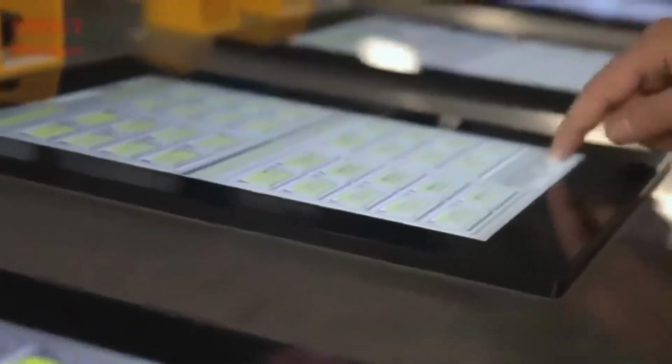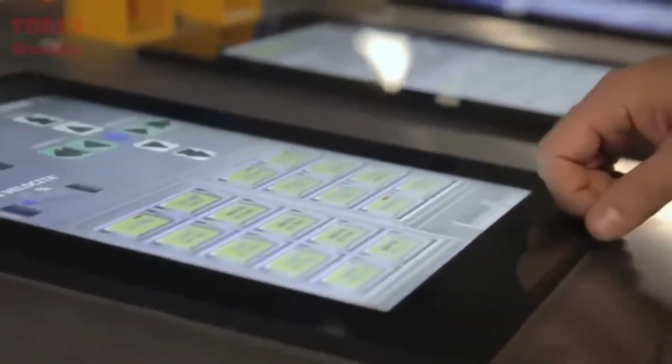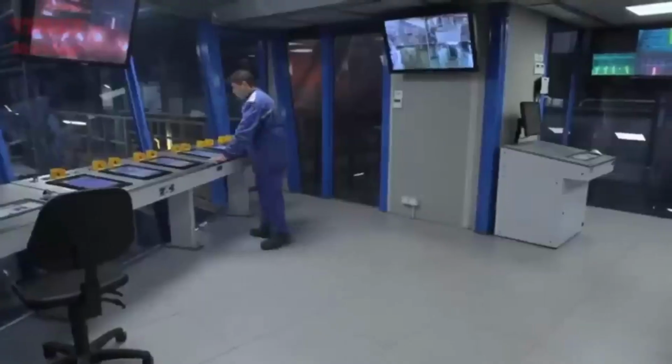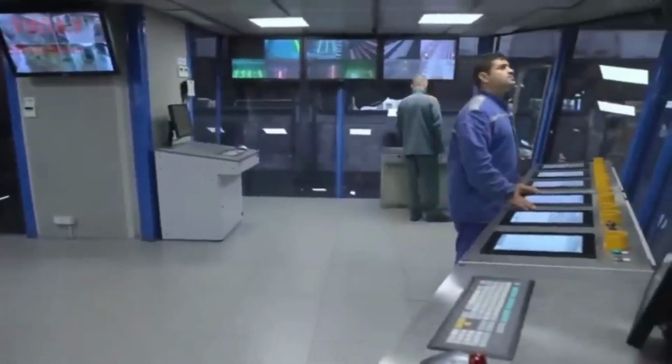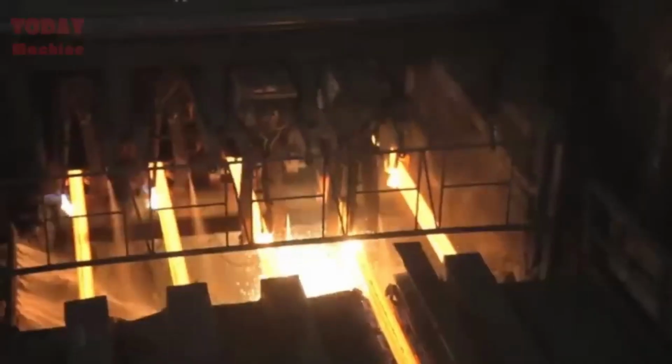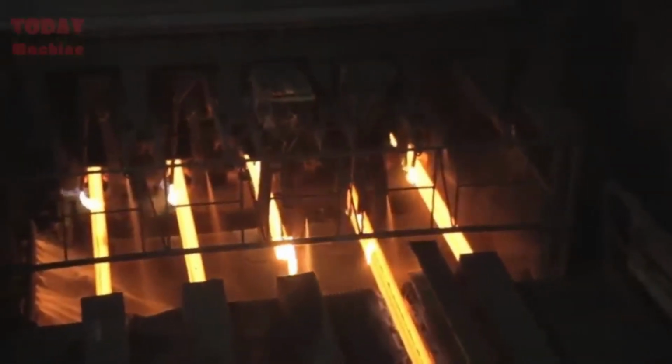In the case of ingots, the liquid steel is poured into individual molds, where it solidifies and takes the shape of the mold. These ingots can later be reheated and shaped into various forms, such as bars, plates, or beams, through subsequent rolling processes.